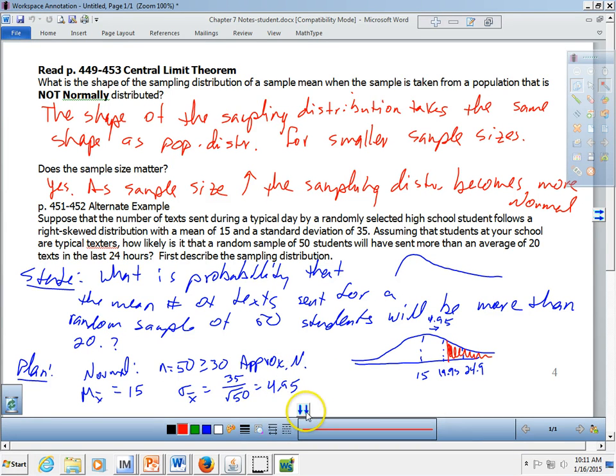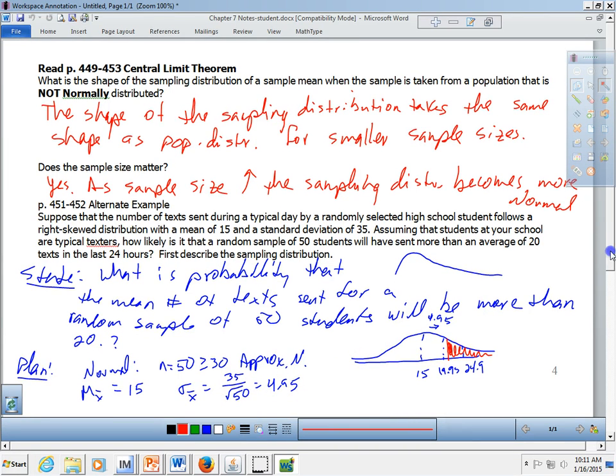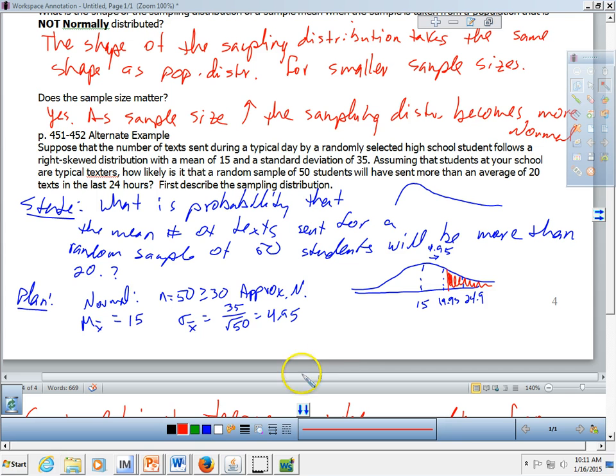Right, and now it becomes a normal calculation issue. So how do I find the probability? You can use normal CDF. So the probability that X bar is greater than 20. We can do normal CDF with a lower bound of 20, an upper bound of, 100 would be enough, with a mean of 15, standard deviation of 4.95. Or we can do our z-score calculation, which is going to be 20 minus 15 divided by 4.95.